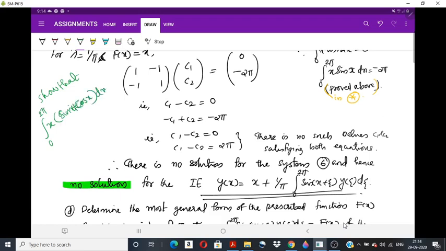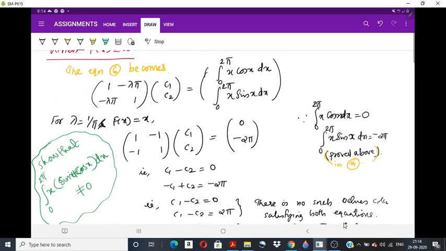So we have to show that the integral 0 to 2 pi of x into sin x plus cos x dx is not equal to 0. By the theory, to show that there is no solution, it is enough to show that this integral is not equal to 0, or we can prove it like this.